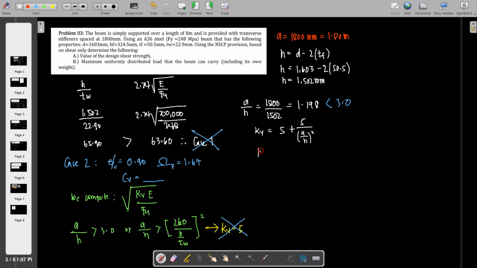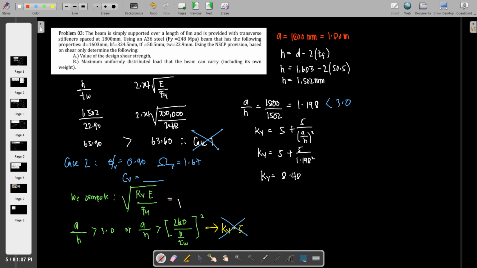So KV is 5 plus 5 all over 1.198, this is squared, no? So therefore, KV is equal to 8.48.